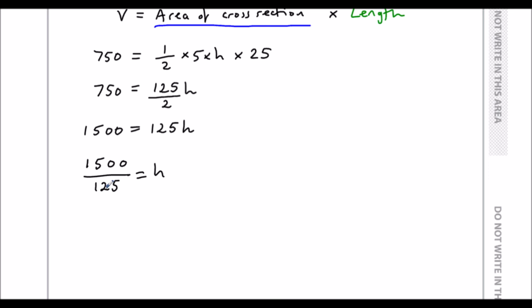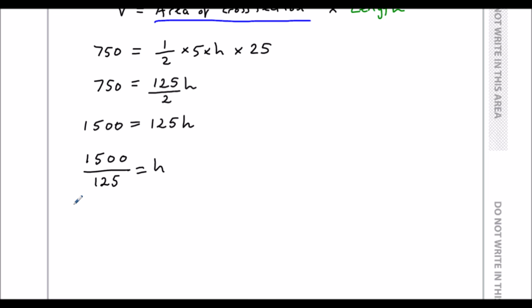So I'm going to simplify this, and I'm going to double the top and the bottom. That will get me 3,000 over 250. Then I can divide top and bottom by 10.